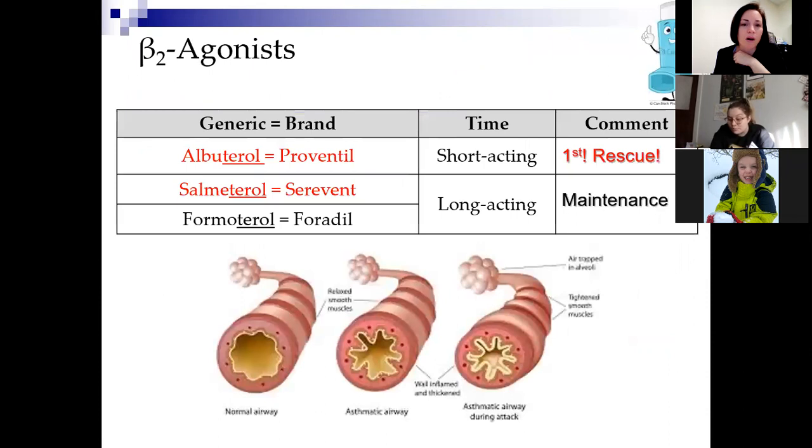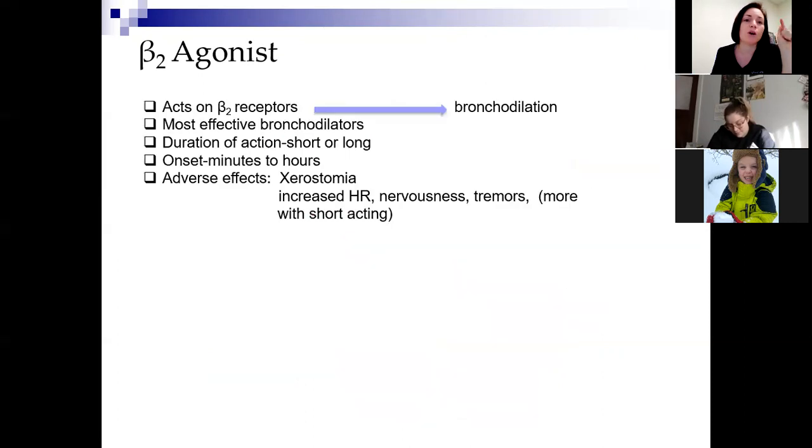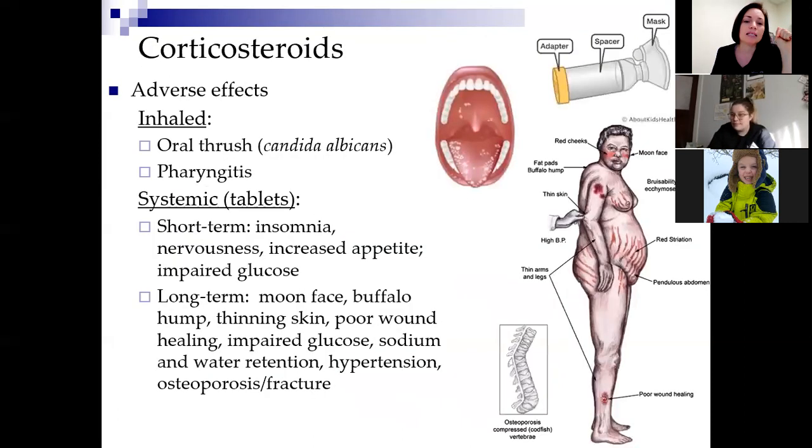And the albuterol is just a beta agonist. I was wondering for a second if it was a combo, and that's why I was second guessing myself. But albuterol by itself is just a beta 2 agonist, so that's not going to cause thrush. The corticosteroid is the one that we have to watch out for.